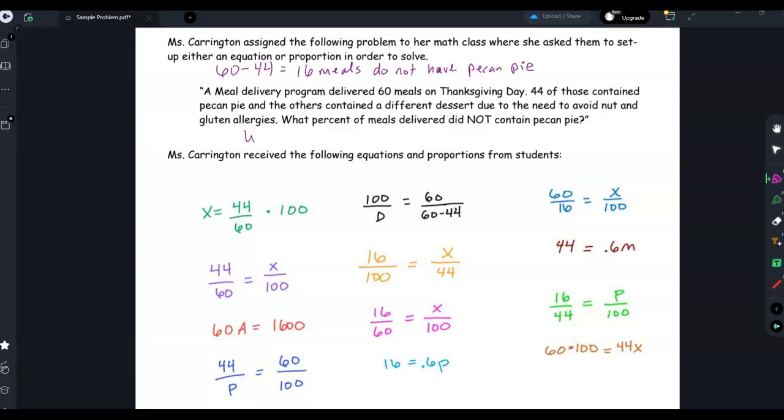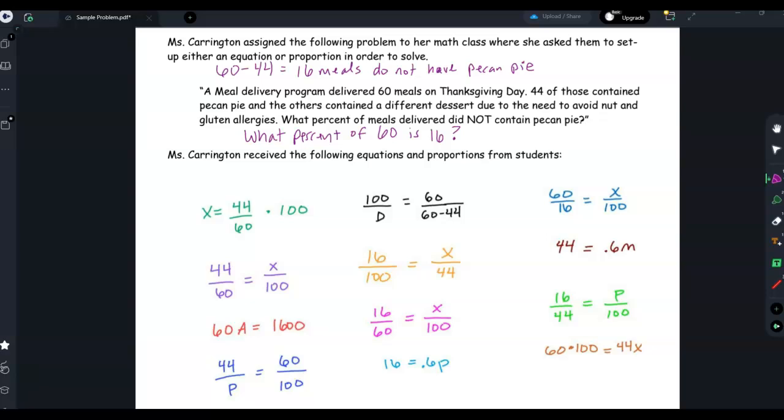So if I do the subtraction first, then I can think of this as really asking the question, what percent of 60 meals is 16? Or if you didn't do the subtraction yet, you'd say what percent of 60 is 44. So if that's really what it's asking, if I wanted to use the translation method here, what percent would be my variable?